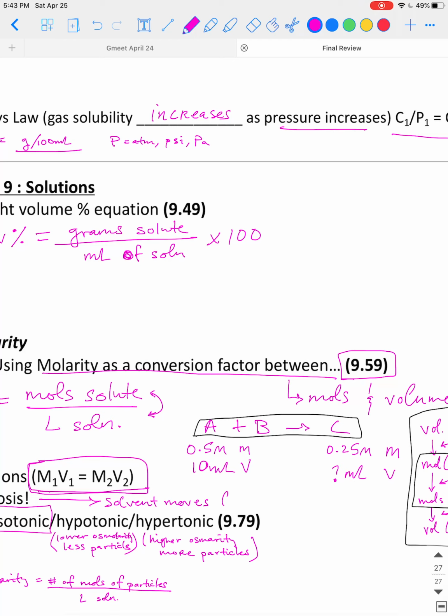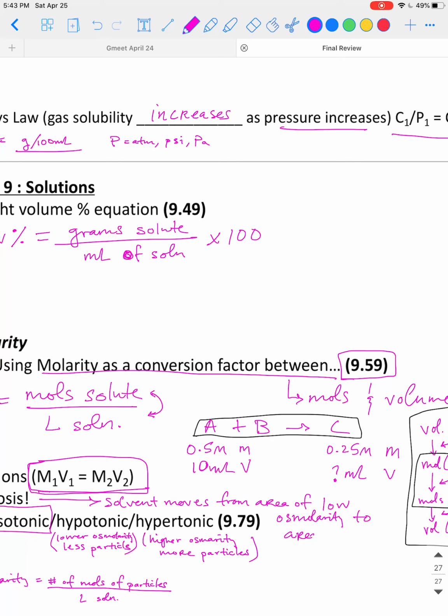So in osmosis, the thing that happens is solvent moves across a semi-permeable membrane from areas of high osmolarity. Sorry, I have that backwards.